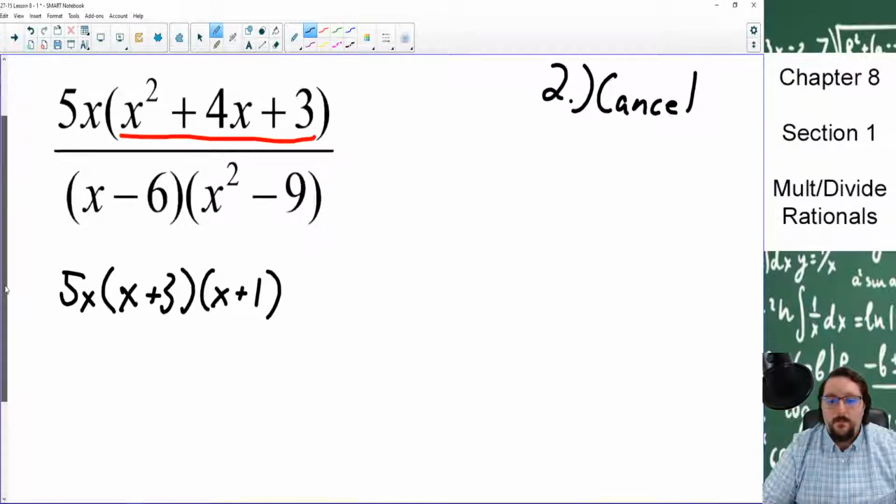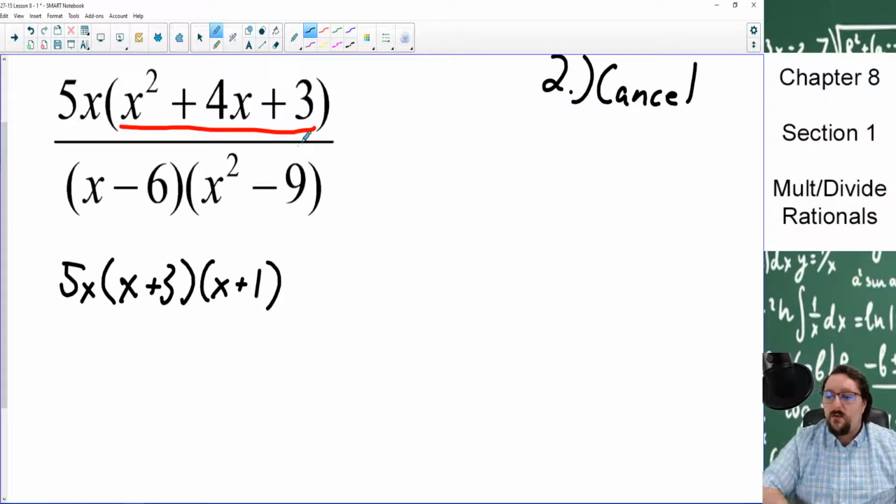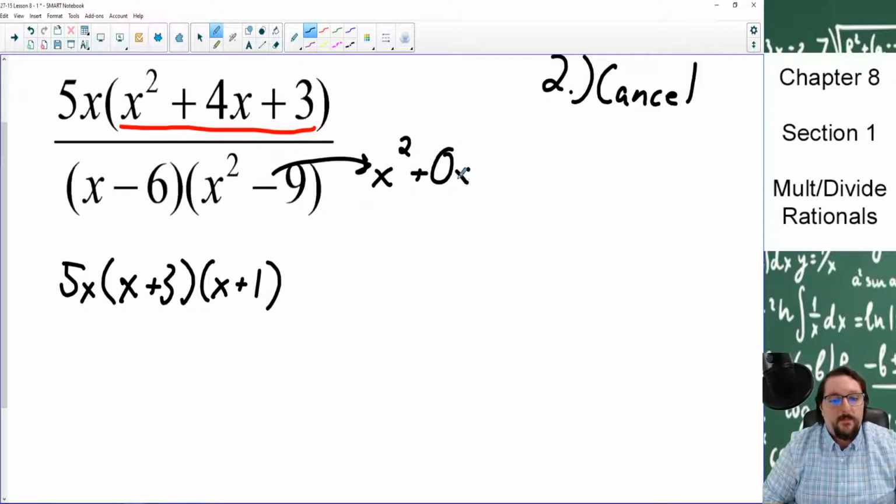On the bottom, I've got another quadratic, this x squared minus 9. And you might remember that this is a difference of squares. If you don't remember that theorem, it's okay. I could also write it like this, and then look for things that multiply to -9 and add to 0 if I've forgotten the other theorem, which is okay either way.